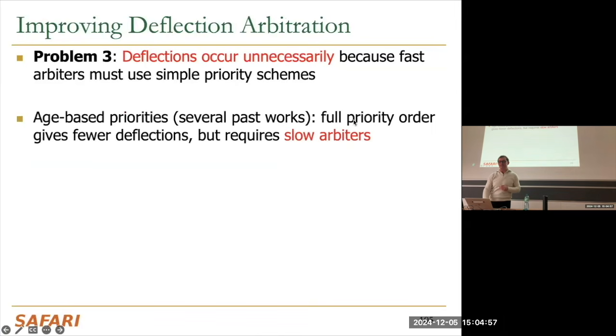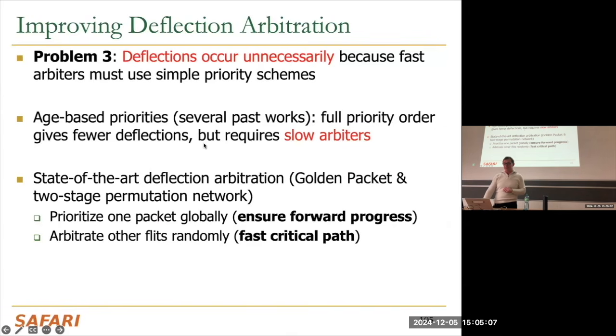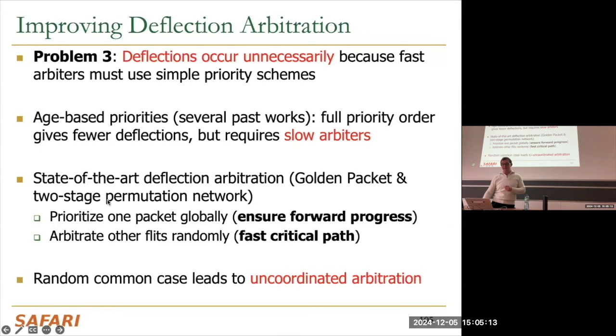Okay, and then there's deflection arbitration. Basically, deflections sometimes occur unnecessarily because fast arbiters use simple priority schemes like we've discussed in Chipper. We don't want age-based priorities. We've discussed that already. And we've already discussed the state-of-the-art deflection arbitration, golden packet and two-stage permutation networks, right? So this random arbitration, if you don't have a golden packet, you randomly choose which one to prioritize, leads to uncoordinated arbitration, meaning everything can get deflected because of this.